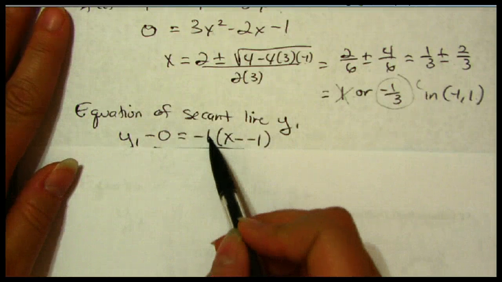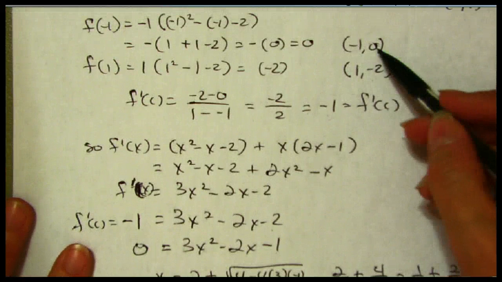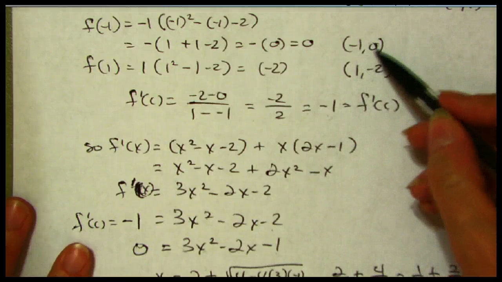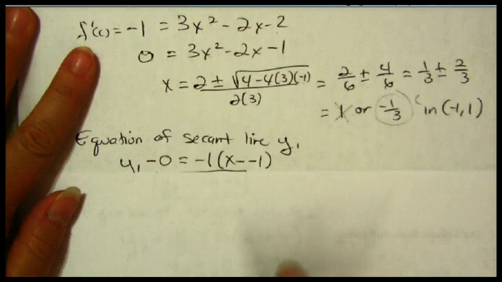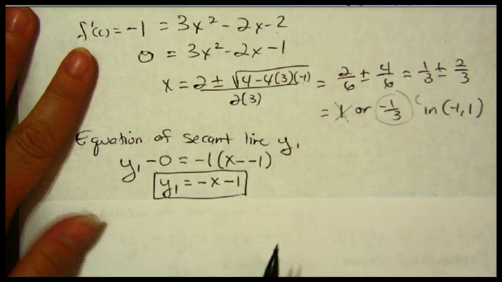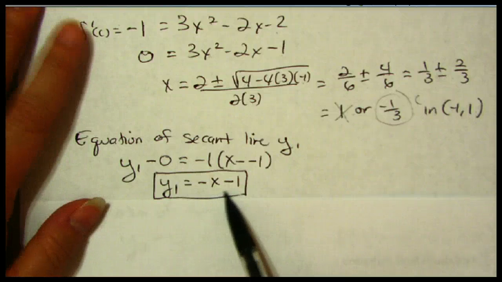We found out that the slope is -1, and I'm going to grab the ordered pair -1, 0. I've already grabbed the slope -1. Now let's put that in for the y and that in for the x, which is what I did. Now I'm going to clean this all up. There's the equation of the secant line, -x minus 1.